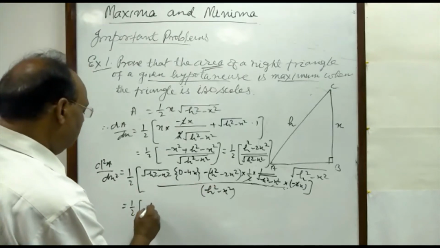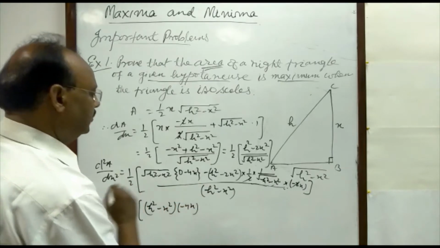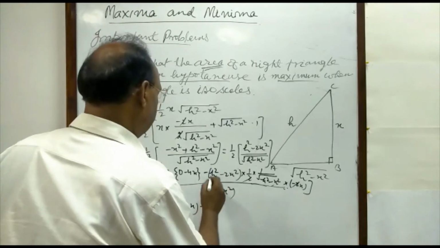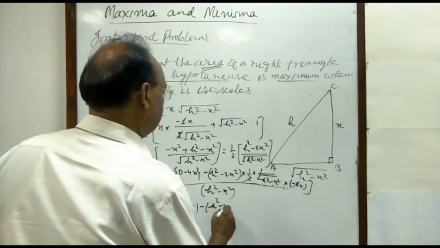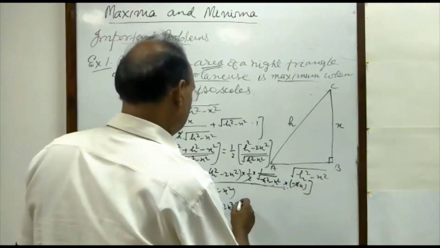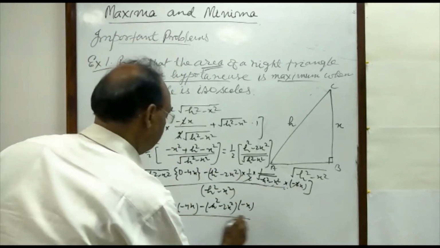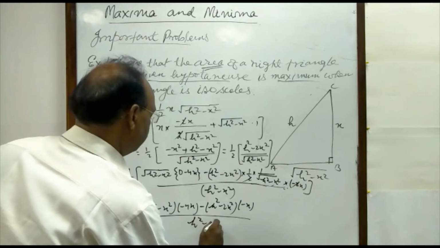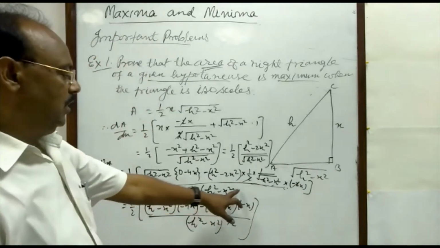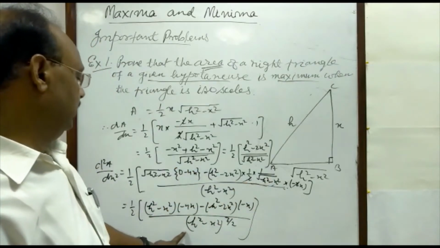So this is h square minus x square minus 4x, and here we are getting minus h square minus 2x square into minus x, divided by h square minus x square whole to the power 3 by 2, because power 1 is here and in the denominator this is power half, so the power will be 3 by 2.